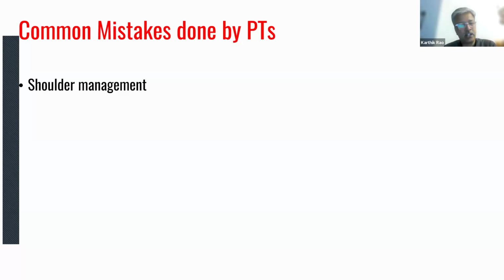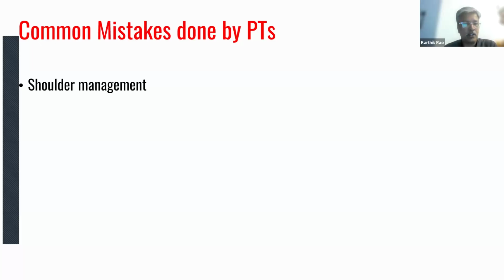It's not just restricted to the acromion and the head of the humerus, right? You have the scapula also as part of that, right? So you have something called the scapulohumeral rhythm, which means that if I move the shoulder, the scapula also moves out, upwards, and sideways depending on the task.